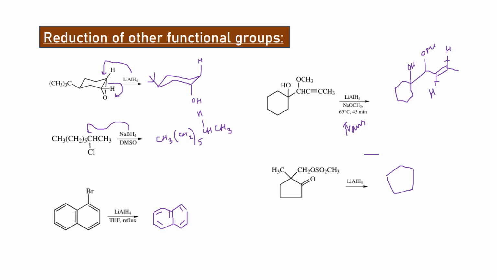Next, if you add LiAlH4 to this type of substrate, this carbonyl will be reduced normally as we usually see. Along with that, this sulfonyl group will be substituted and we will get this hydrogenated product.